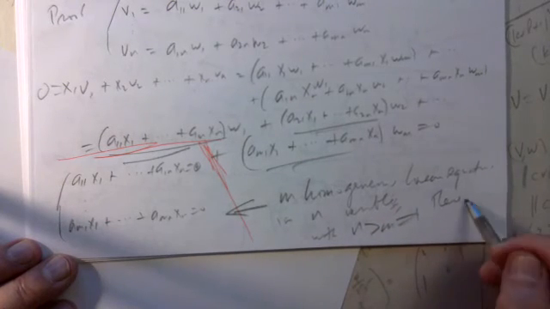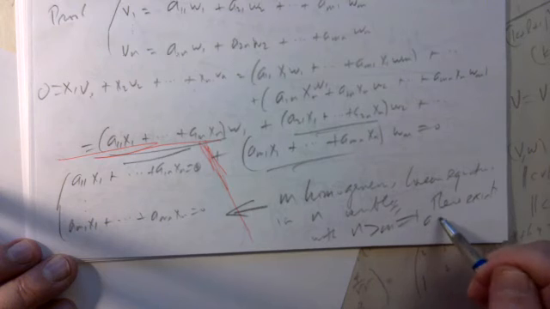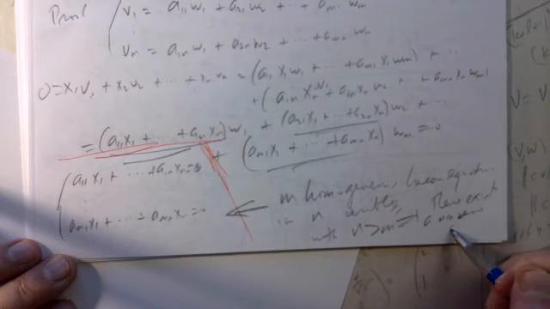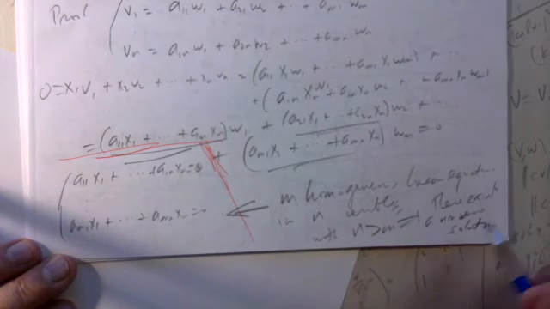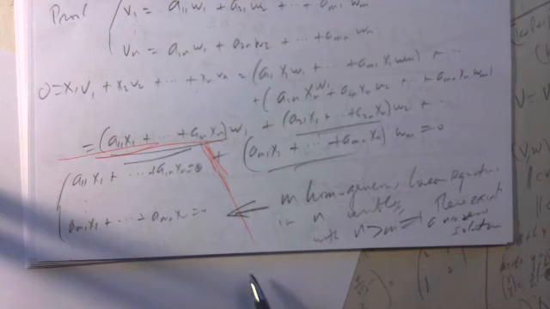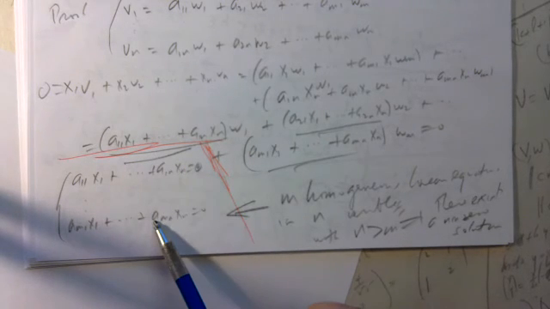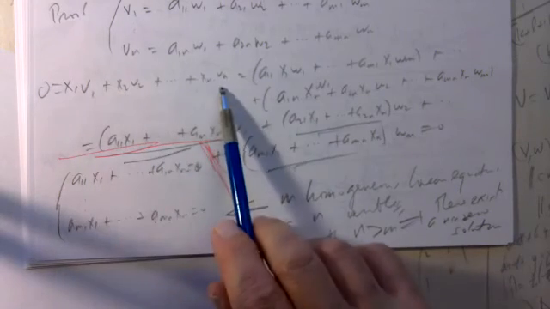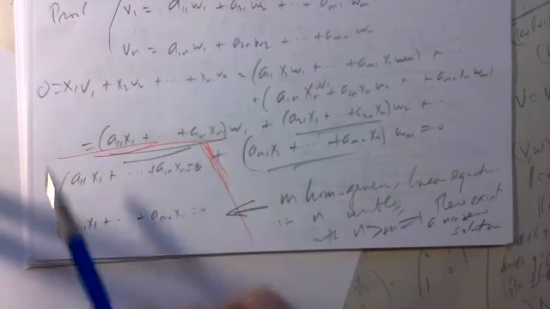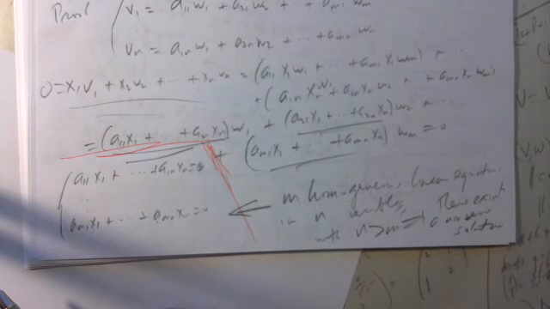So there exists a non-zero solution. That is, I can find scalars x1 up to xn which solve all these equations simultaneously. And for those scalars, this linear combination of v1 up to vn is the 0 vector. So these vectors are not linearly independent. That's the proof.